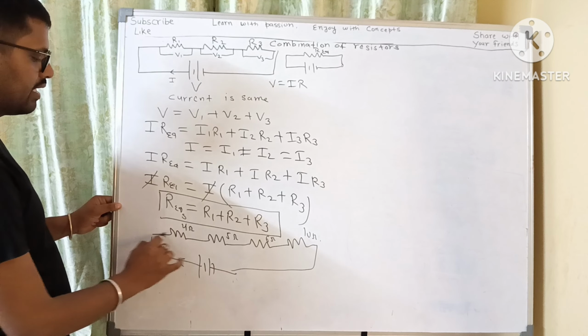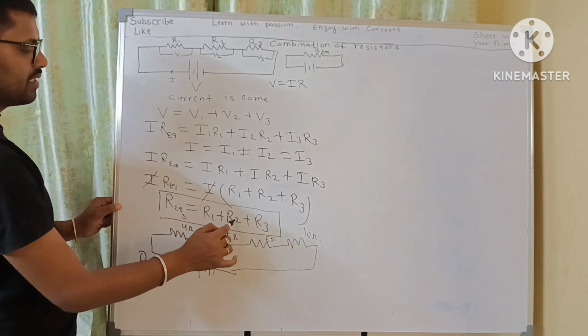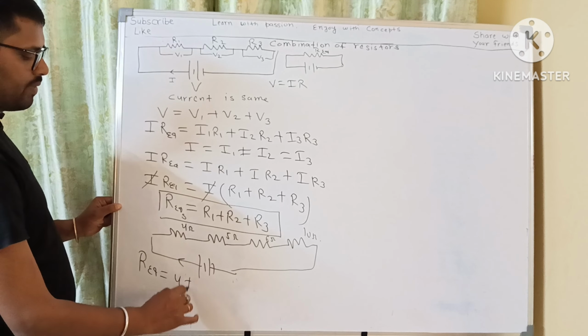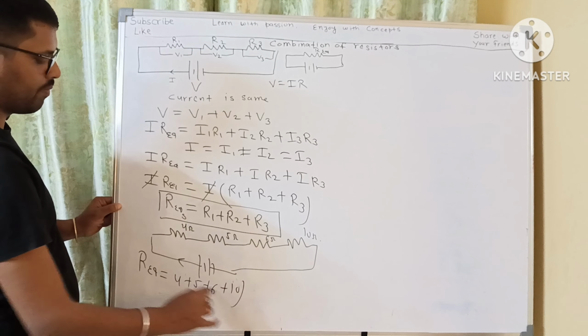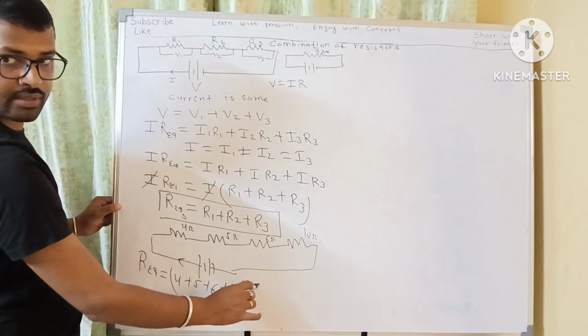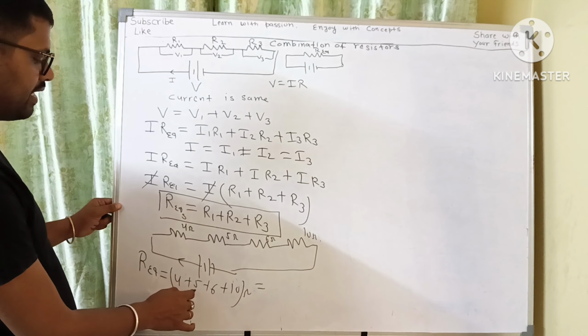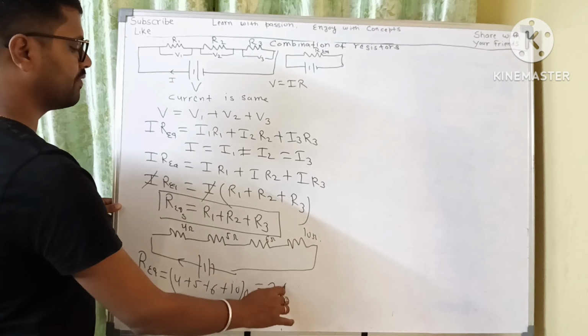We can say that same current is passing through these. So R equivalent equals to R1 plus R2 plus R3. So 4 plus 5 plus 6 plus 10 ohm. That is nothing but 4 plus 5, 9. 9 plus 6, 15, plus 10, 25 ohm.